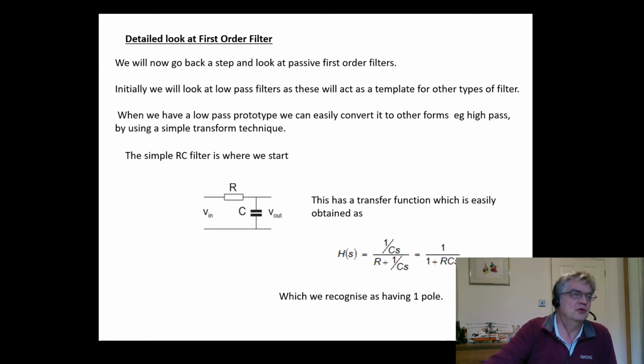Our first order filter has one energy storing element in it, and we found out we could obtain a transfer function which we started to recognize as being a one pole feature, with the frequency component being dictated by S in the full scheme, but we could replace that with j omega for a steady state response.